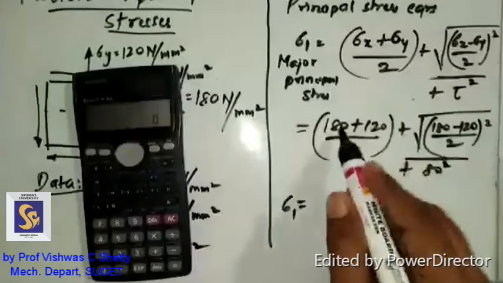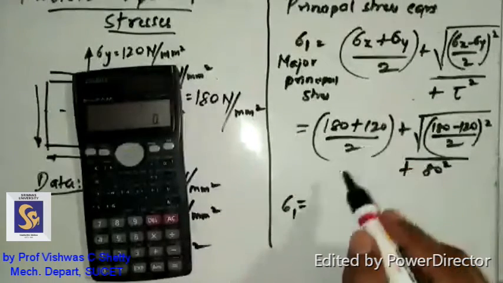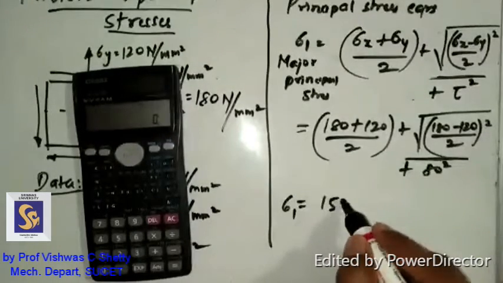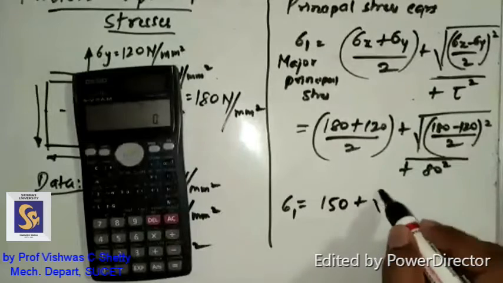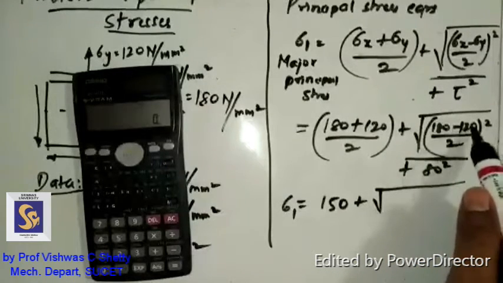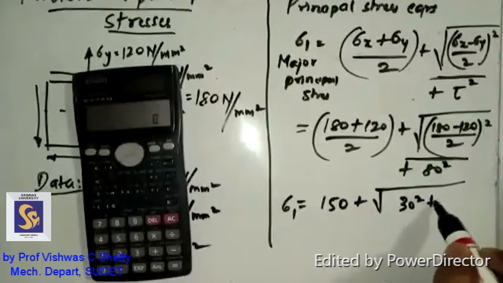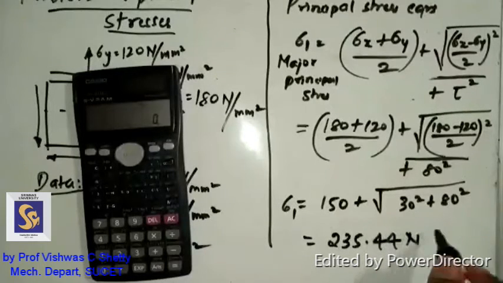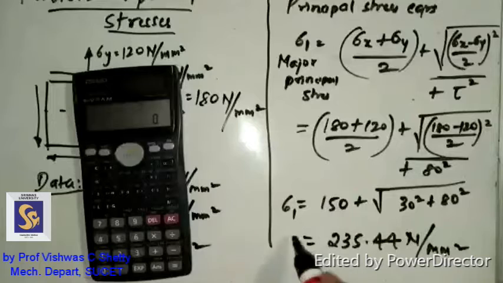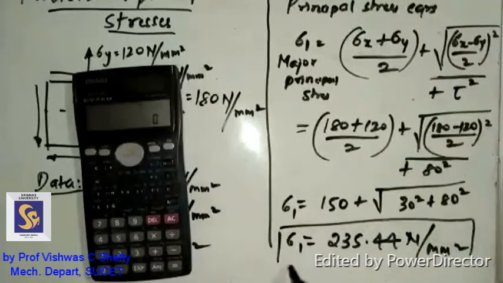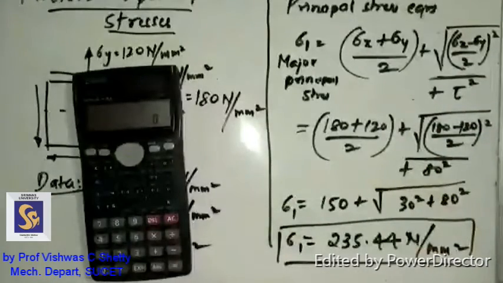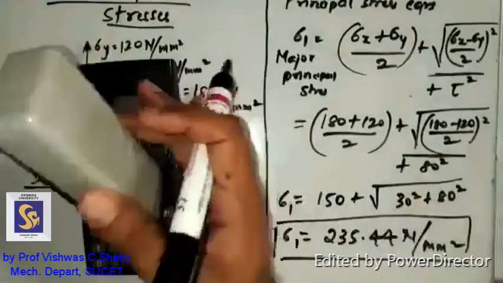This should be 150, since 180 plus 120 is 300 by 2, which is 150. Then the square root of (180 minus 120) by 2, that is 30 square, plus 80 square. The answer is 235.44. Correct. This is a very simple problem.